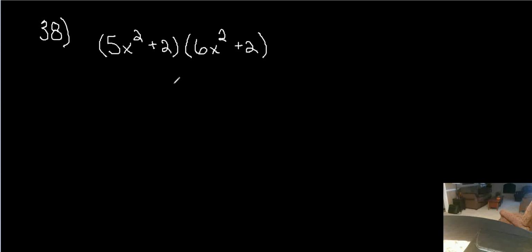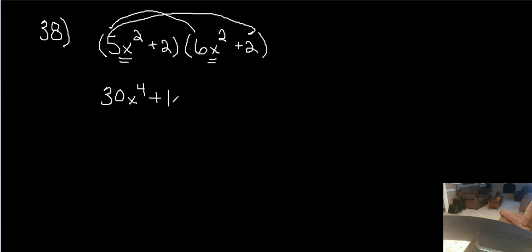Okay, here's another one. Two binomials, so I can FOIL this one. This looks a little busier, so let's just take it slow. Remember we can multiply the coefficients first. So 5 times 6 here is 30. And then x squared times x squared is x to the fourth, all in one term. That's first. The outside is 5 times 2, which is positive 10, and that x squared comes along for the ride.